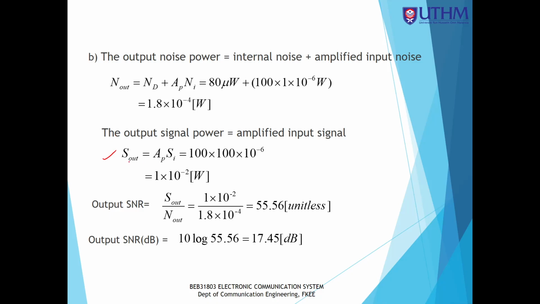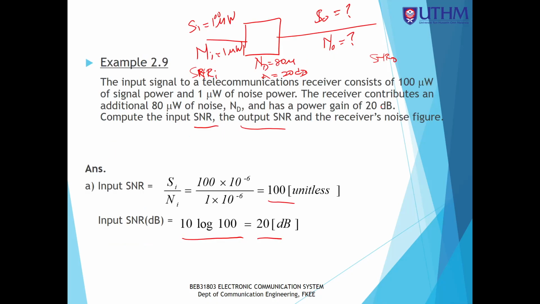Output signal power is equal to gain A multiplied with input signal power, so 100. So how come this is 100? 100 here is from 20 dB. Remember the question gave 20 dB. So anti-log of 20 dB is 100. So how to do this? You can do the anti-log of 2, use your calculator.